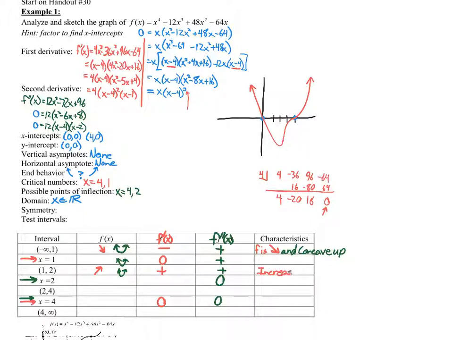And now that I can see that, what do I know about the point where x is 1? It's a min point because I went from decreasing to increasing. So I have a minimum at 1.